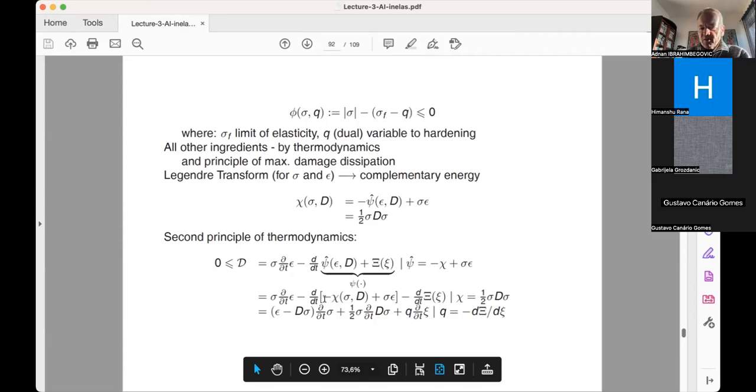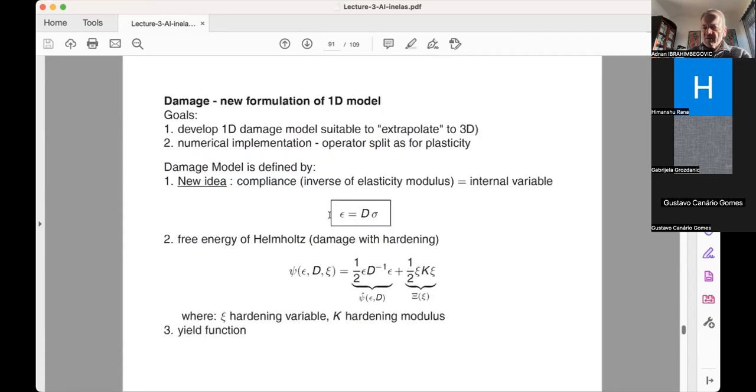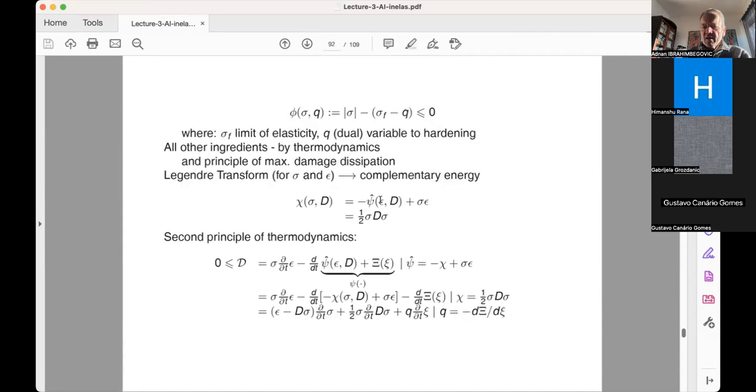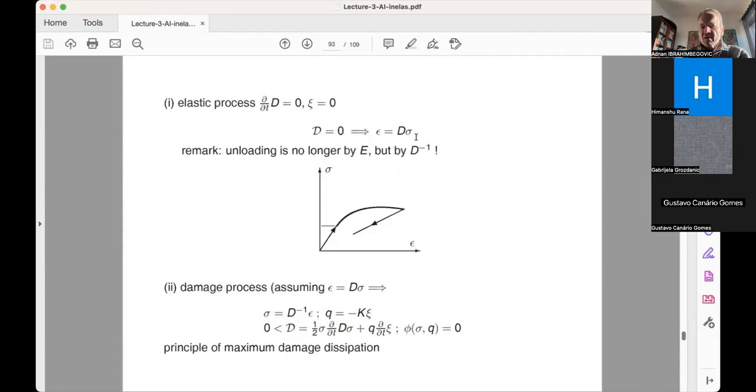First of all, I have an elastic process. From this hypothesis that the complementary energy is a quadratic form in sigma, I can obtain back my equation that doesn't have to be postulated. So the elastic process actually gives me that epsilon is equal to D sigma, or sigma is equal to D minus 1 times epsilon.